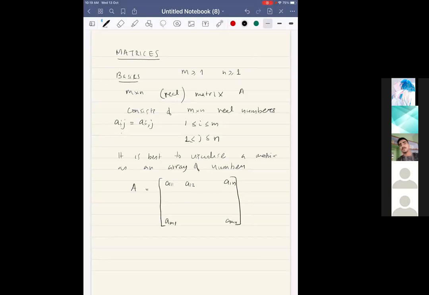So Aij will appear at the intersection of the ith row, row number i, and column number j.